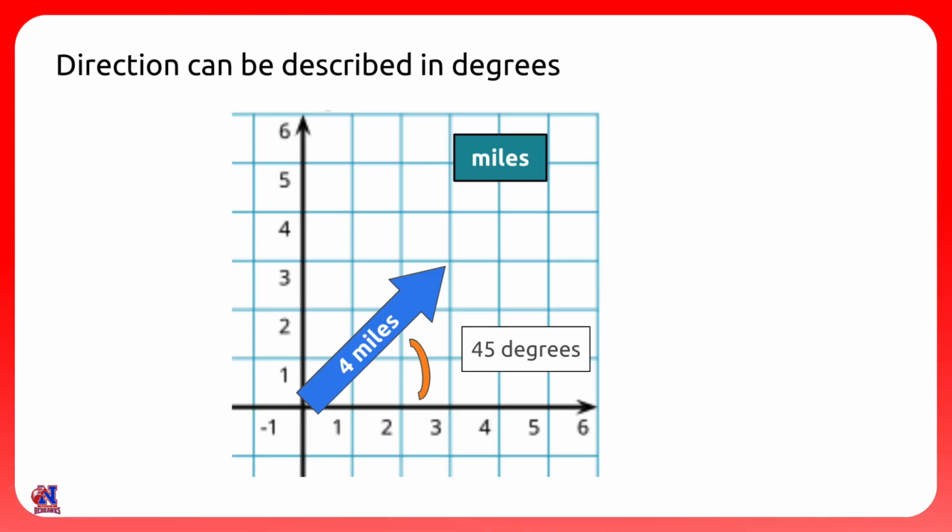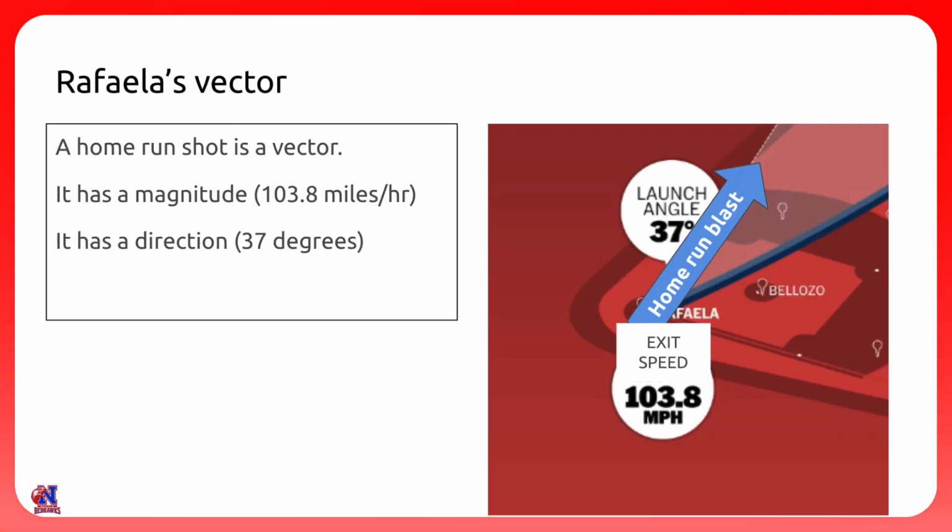You can also describe the direction in degrees, for example. So here's an example of 4 miles and a 45-degree angle, and you see that vector is just pointing up to the right, almost to the 3 point, because it was turned. But again, 4 miles, it has units, and it has a direction.